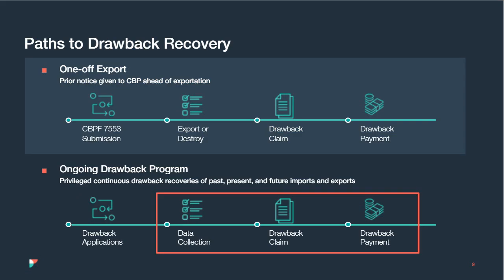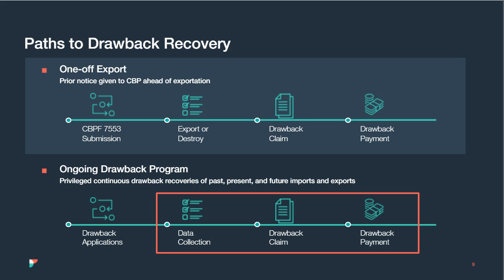So let's look now at the paths to drawback recovery. There are two main types of approaches to drawback. The first is the one-off. If you have sporadic exports, occasionally you're exporting, but not frequently enough to warrant a full drawback program, you usually go the first route.